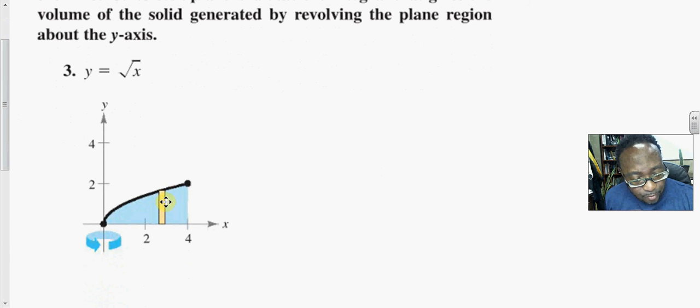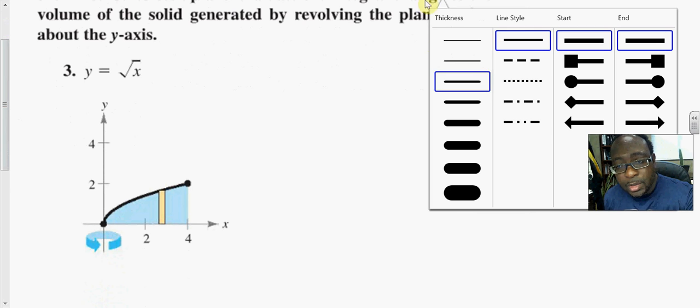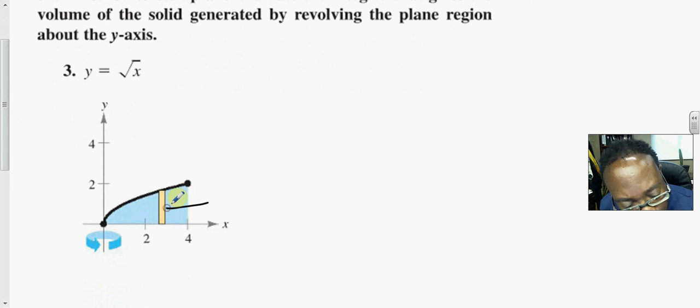they have the graph for us, and you see the rectangular slice, or the radius, and here in this case h for the height. The thickness is dx. So this is h of x for the height.